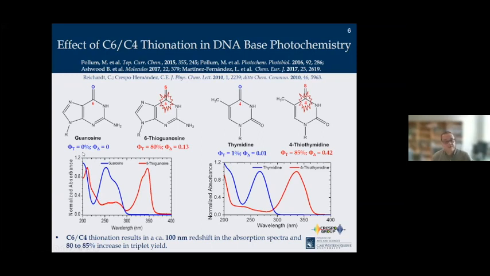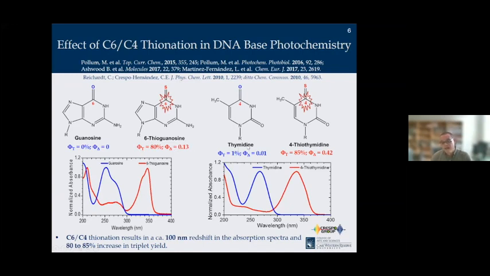As I mentioned before, 6-thioguanosine has a triplet yield of 0 in guanosine, a highly photostable molecule, right? When you change a single atom, you now produce an extremely good sensitizer, a triplet yield of 80%, a singlet oxygen yield of almost 15%.